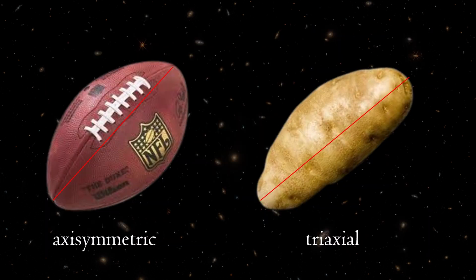So in previous studies, when measuring these elliptical galaxies, scientists were using axisymmetrical assumptions to measure the shapes and masses of the supermassive black holes in the center of these galaxies. And you're probably wondering, well, what's axisymmetrical? The photo on the left there of that football, I put that there to help illustrate. And I put a red line down the center.